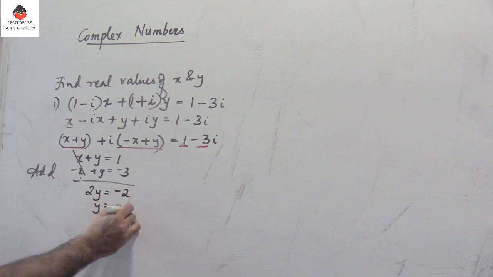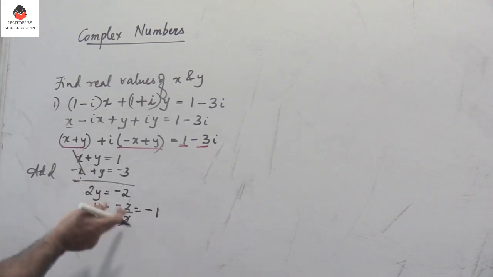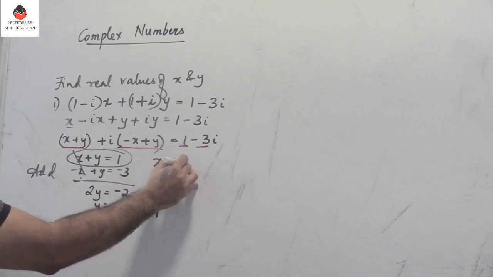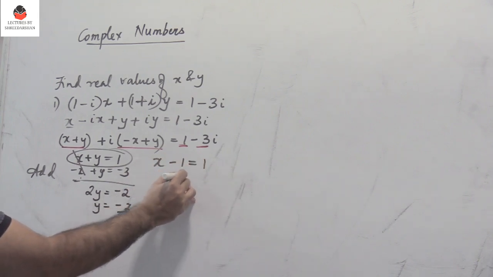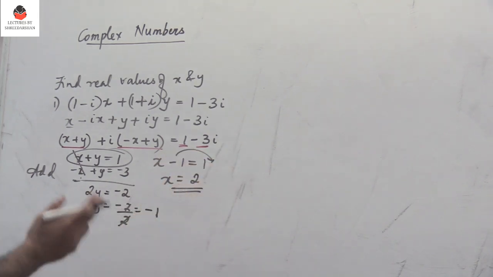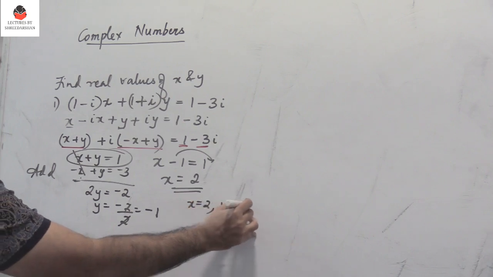So y is equal to -2 by 2, which is -1. So let me substitute the value of y here in this expression. x - 1 equals 1, x is equal to 1 + 1, which is 2. So the values of x and y are x equals 2 and y equals -1.